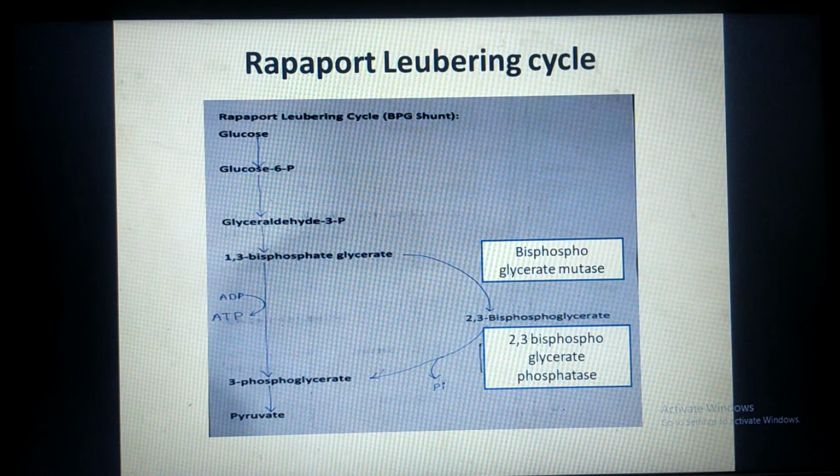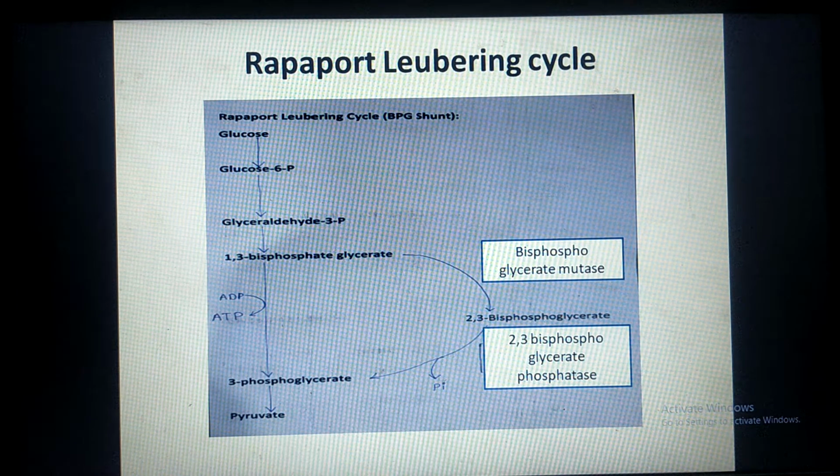The difference between the glycolysis of other tissues and RBC is that 2,3-BPG is formed in RBCs, and the second difference is, if you see, there is a substrate level phosphorylation in glycolysis when 1,3-bisphosphoglycerate is converted to 3-phosphoglycerate.